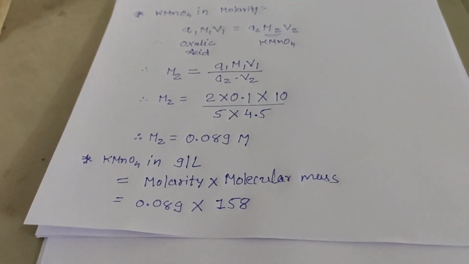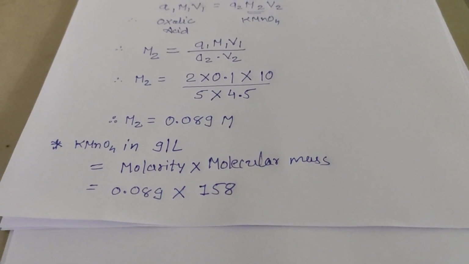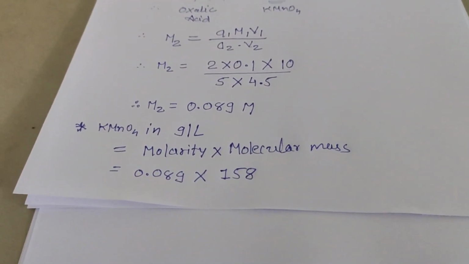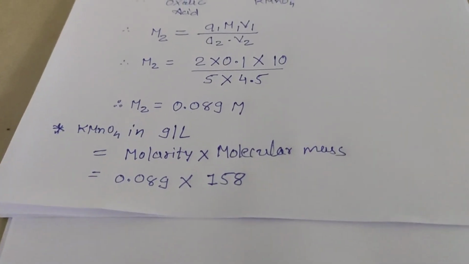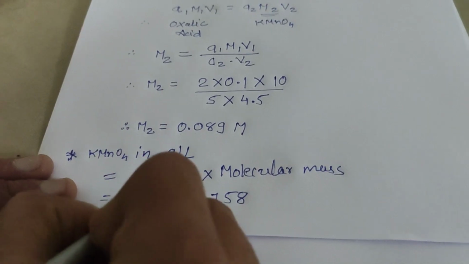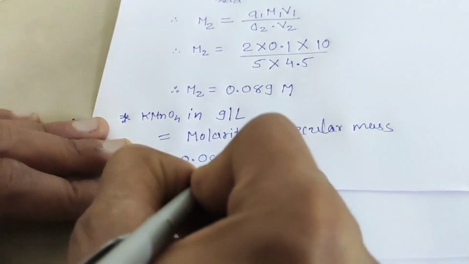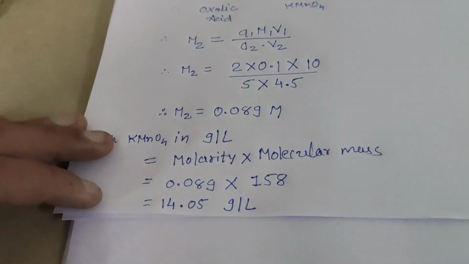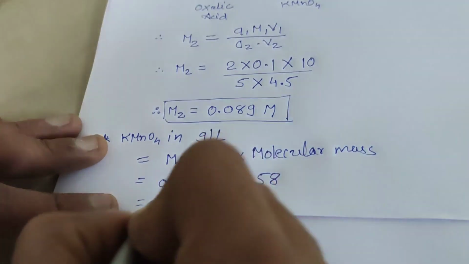Right? Now multiply 0.089 into 158 and our answer will be equal to 14.05 gram per liter. Now these two answers will be written in the results also, right?